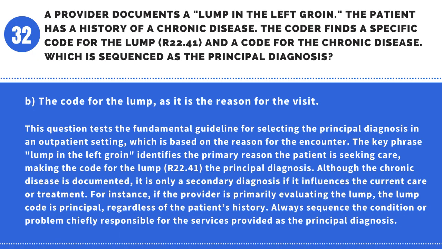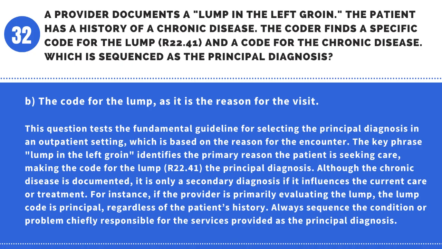Answer, B. The code for the lump, as it is the reason for the visit. This question tests the fundamental guideline for selecting the principal diagnosis in an outpatient setting, which is based on the reason for the encounter. The key phrase, lump in the left groin, identifies the primary reason the patient is seeking care, making the code for the lump, R22.41, the principal diagnosis.